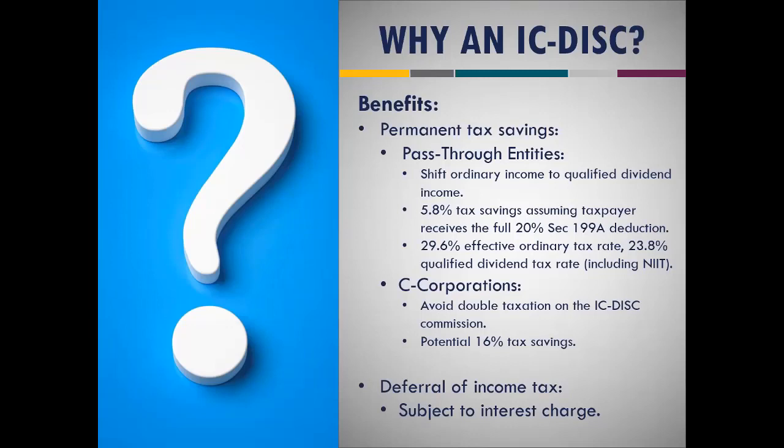So if we take an individual taxpayer who is able to benefit from the new Section 199A deduction, which is a 20% pass-through deduction, and let's say they are subject to the highest marginal rates, ordinary and capital gain tax rate, they would receive effectively a 5.8% tax savings on the commission amount of the IC DISC.